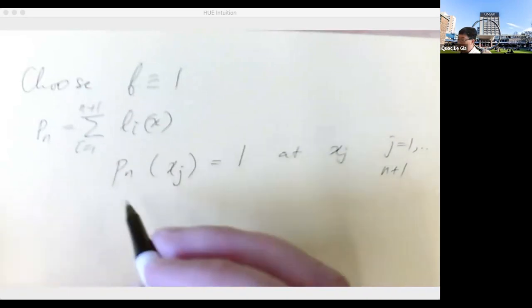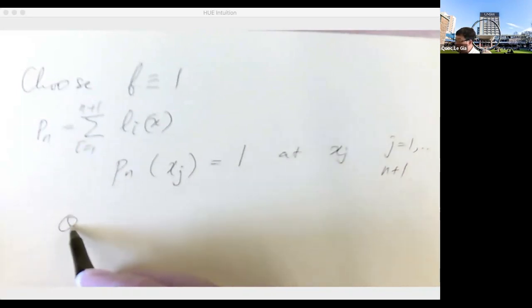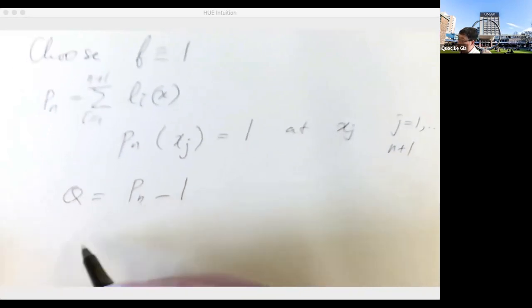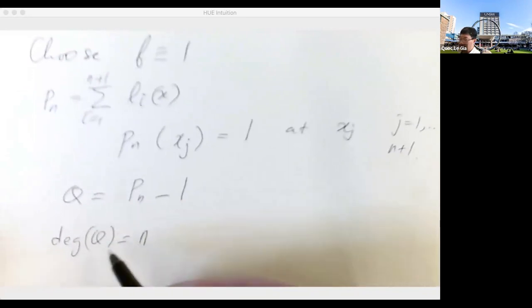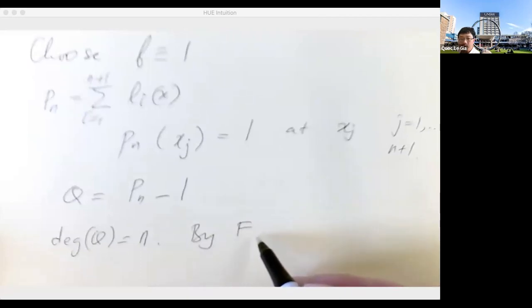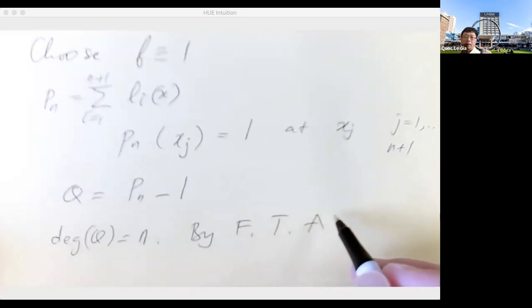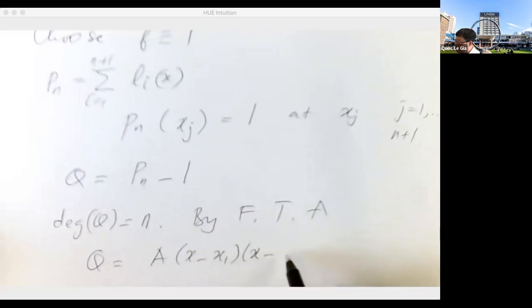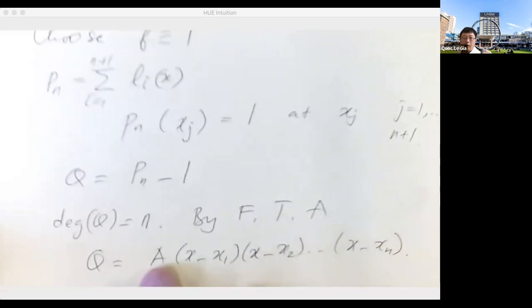Then you define q to be Pn minus 1. Then the degree of q is n. So by the fundamental theorem of algebra, q has to be equal to a times x minus x1, x minus x2, up to x minus xn.